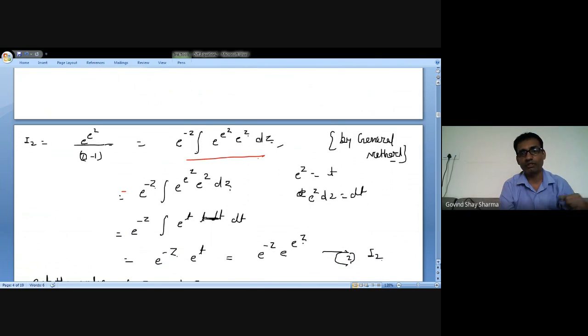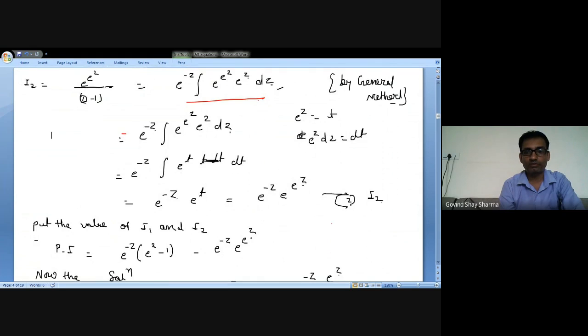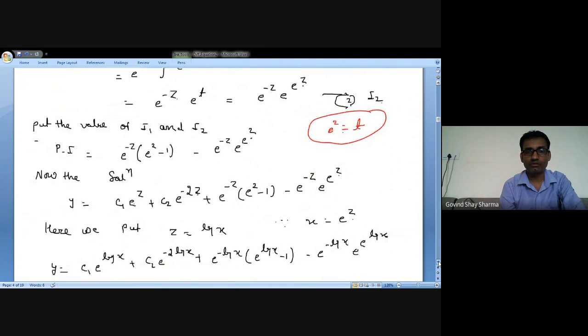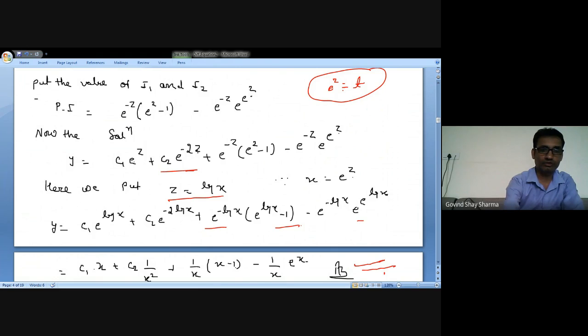By solving this again, we take t is equal to e to power z. So this way we get the solution. And last, z can be replaced by z is equal to log x. So here we put z is equal to log x. We get the answer. Very important question, very good question from the point of view of exams.